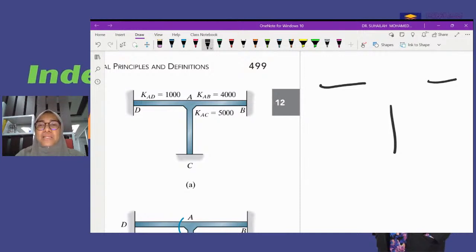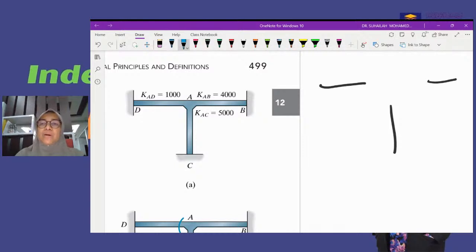We must understand that one element consists of two nodes, two ends. So how many member end moments? One member has two ends, so one element has two member end moments.